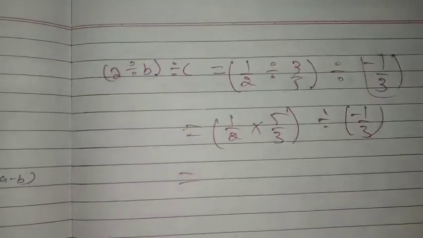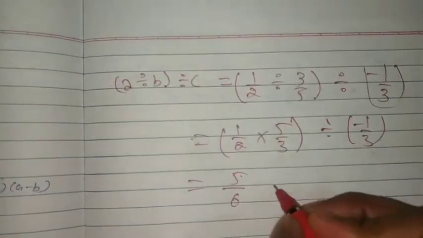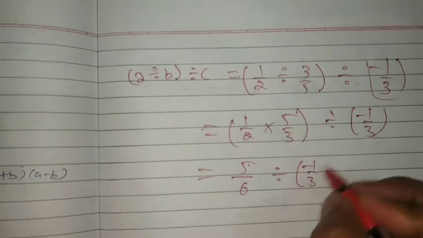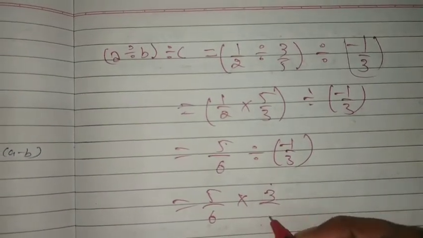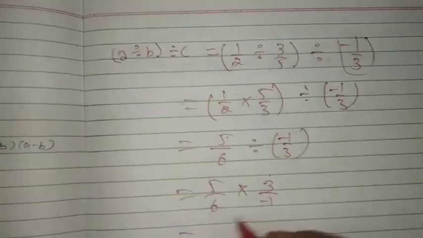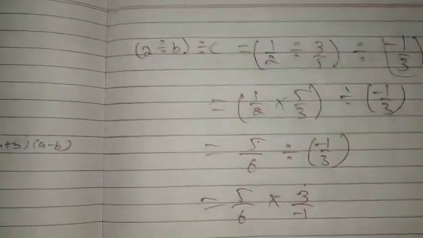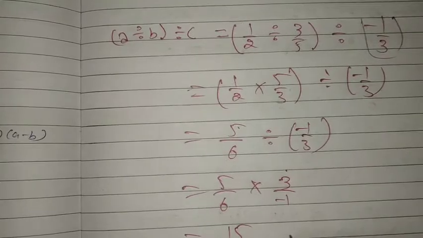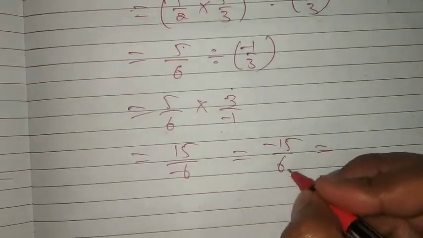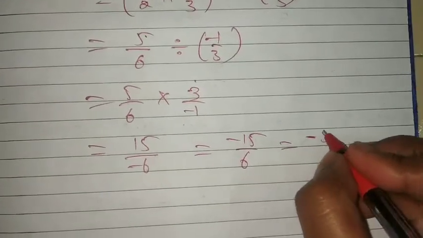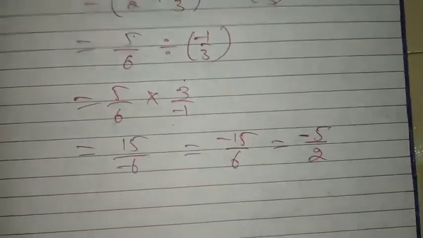So this is equals to 5 by 6 divided by minus 1 by 3. So this will be equal to 5 by 6 multiplied by 3 by minus 1. So this will be 15 by minus 6, or in standard form you can write minus 15 by 6, and both are divisible by 3, so it can be written as minus 5 by 2.